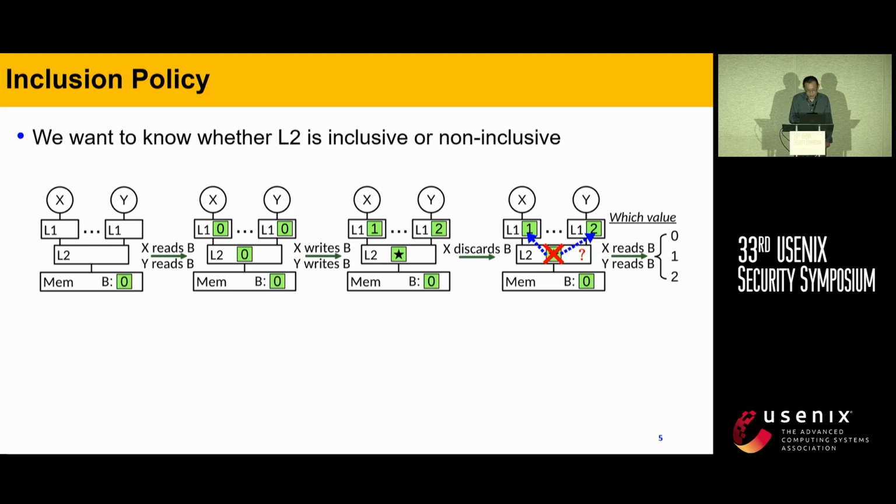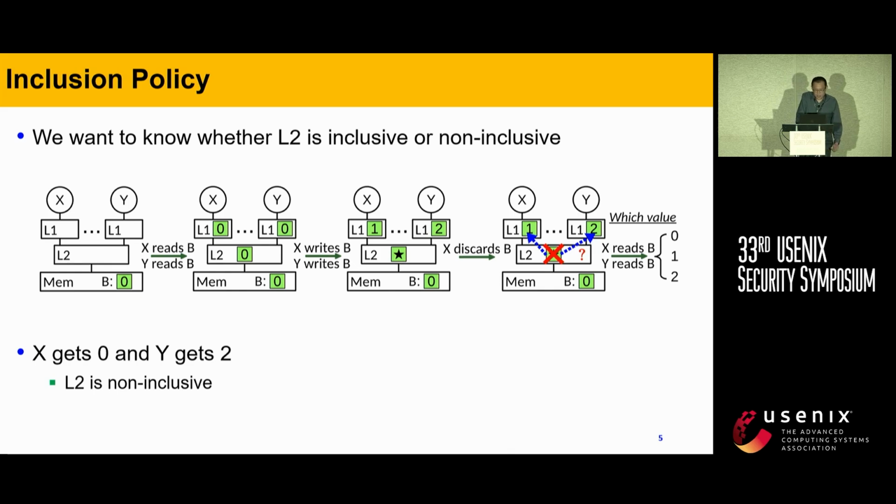After that, we have X and Y read B again to check the value. We observe a consistent result across all the GPUs, which is X gets 0 and Y gets 2. From this, we know that L2 is non-inclusive, otherwise Y should have obtained 0 instead of its private copy.